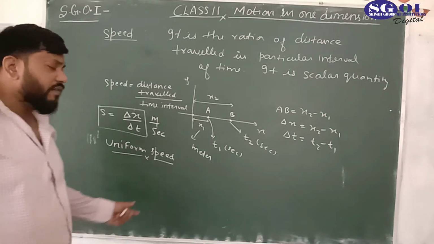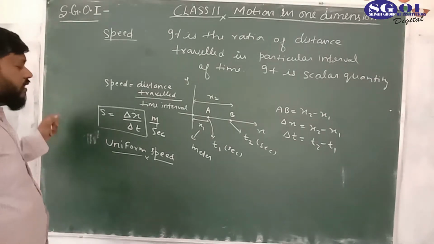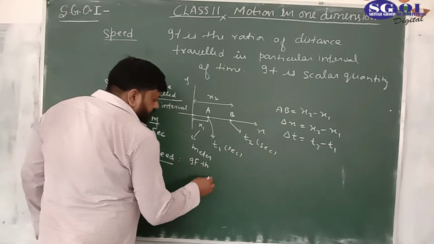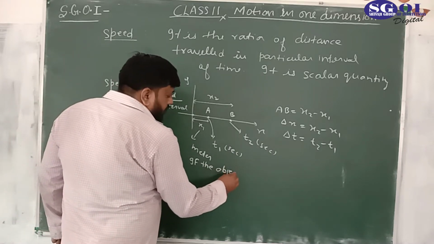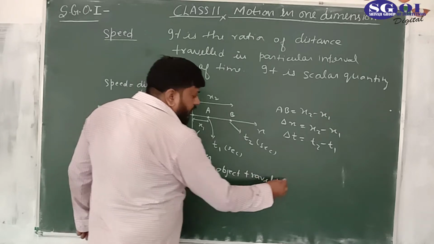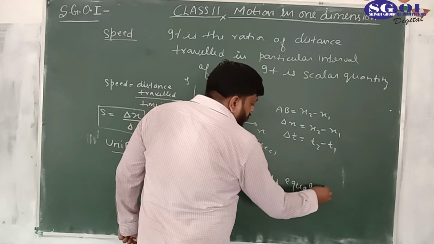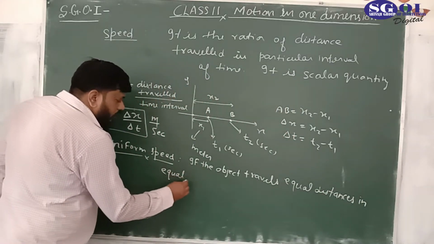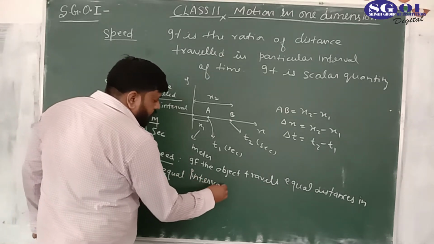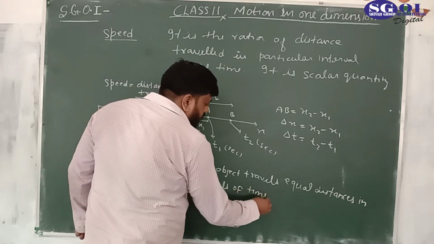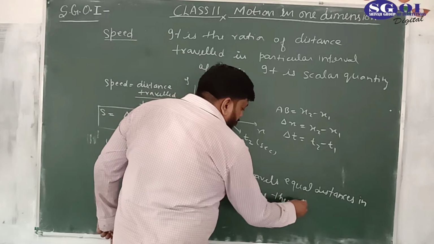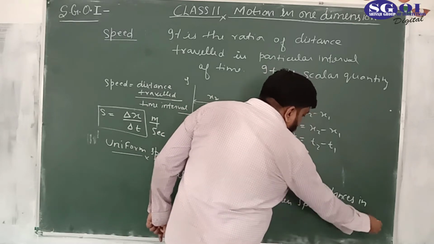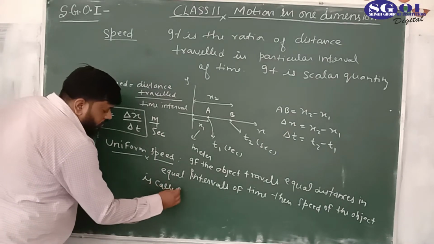If the object travels equal distances in equal intervals of time, then the speed of the object is called uniform speed.